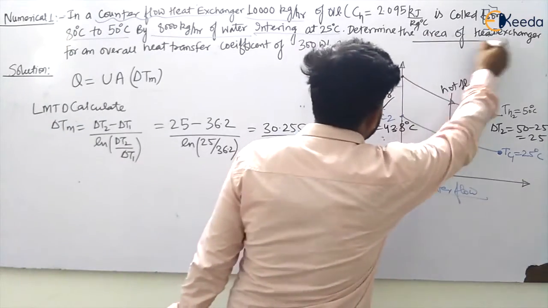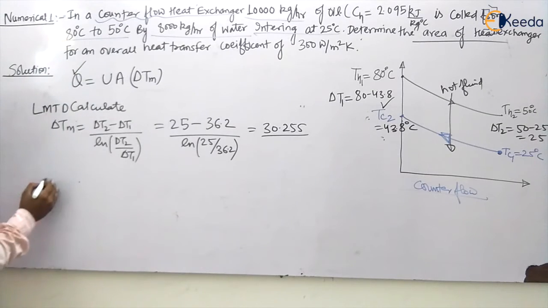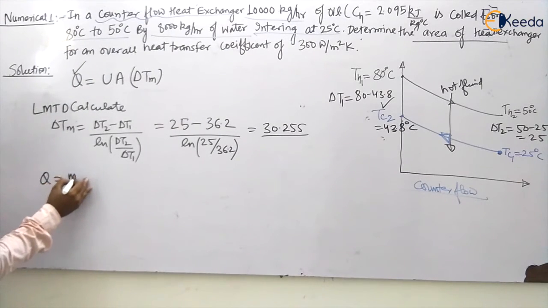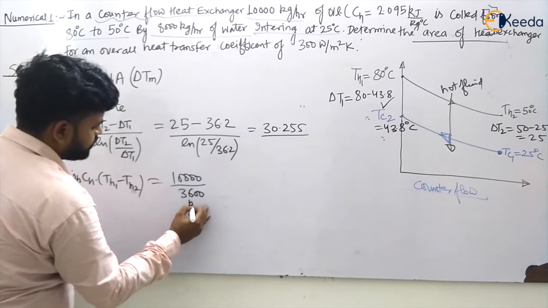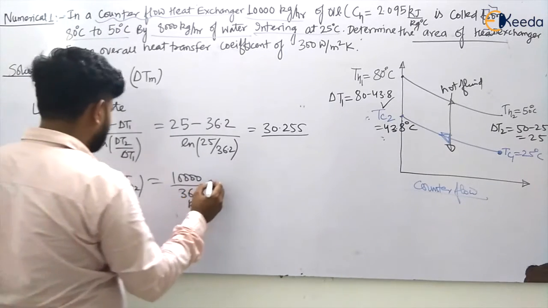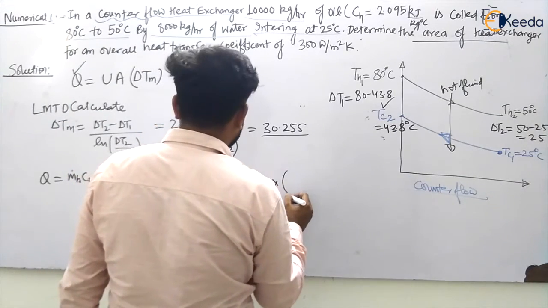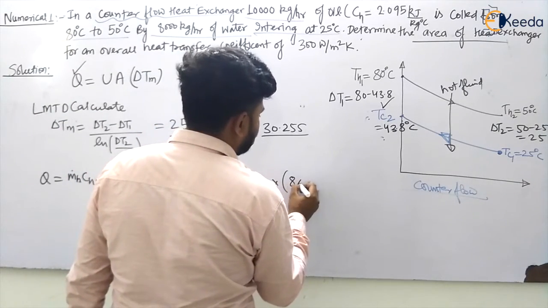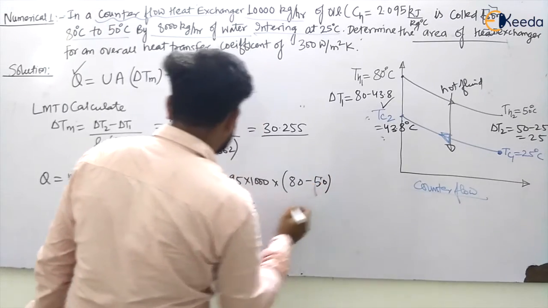So now we have to calculate what? We have to calculate the area of heat exchanger, and for this we must know the total heat transfer, which we can calculate. Q is equal to m dot Ch delta T, 10,000 divided by 3600. So this will be kg per second, then multiply by Ch. What is the heat capacity? Then multiply by change in temperature difference. This will be 80 minus 50, my dear students. Okay, let us calculate this.